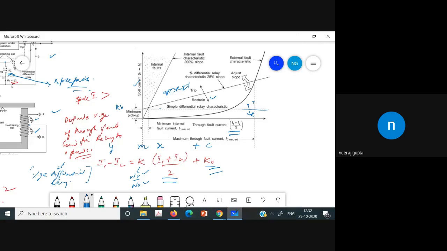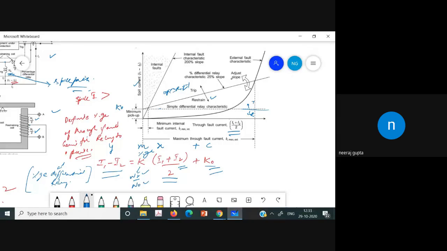This percentage is decided by K. So the spill current must be greater than this percentage of through fault current for the relay to operate.